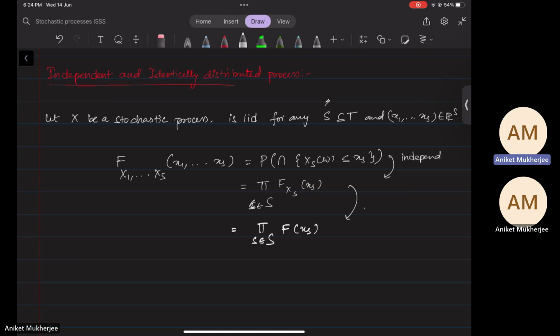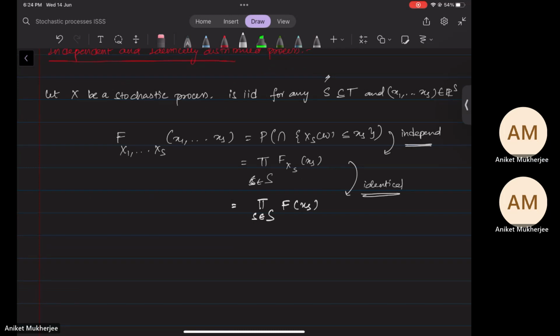So this is independent and identical. You use both of these, and if this happens, then you say that the random process is an independent and identically distributed process.